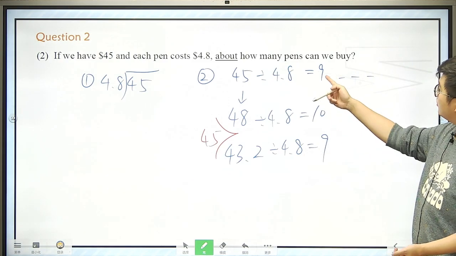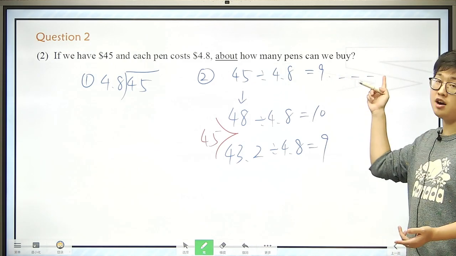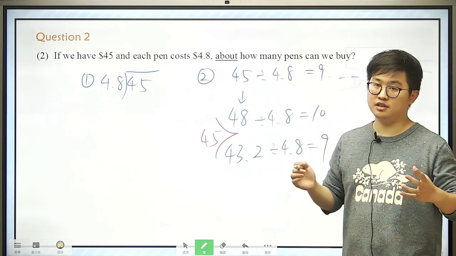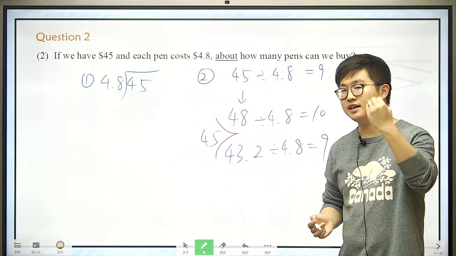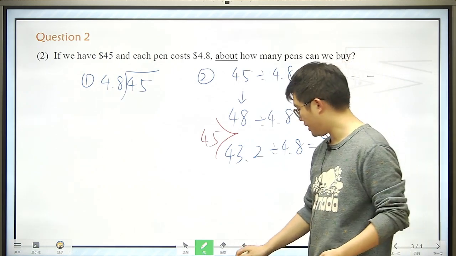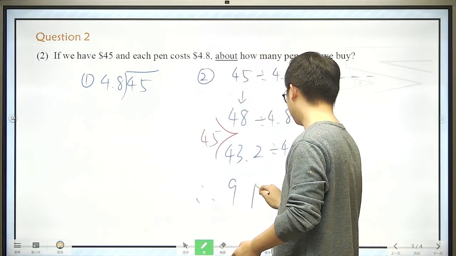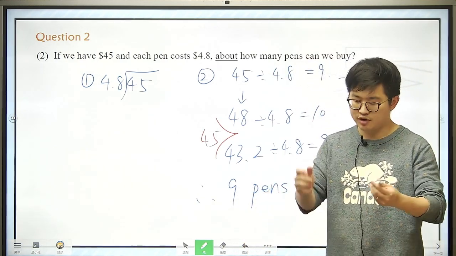So it goes to something more than 9. But we don't need to know the rest of it, because the number of pens will definitely be an integer. So we can only buy 9 pens. So here, the answer would be 9 pens. Great.